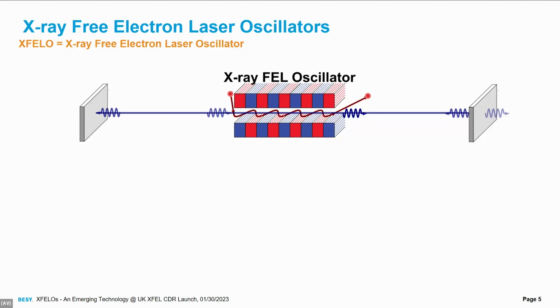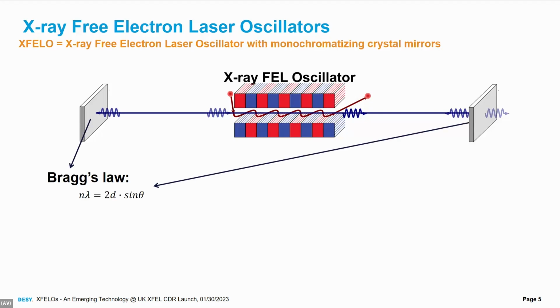Now, there's a little trick to it, which is both a problem and a merit. We do not have any mirrors in the hard X-ray regime which can do back reflection. Usually you only go up to some milliradian angular acceptance range. However, if you use periodic crystals, by Bragg's law you basically couple a reflection of wavelength lambda to the crystal lattice spacing, which is in the X-ray regime usually, with the incident angle theta.